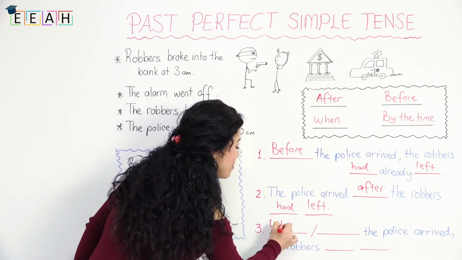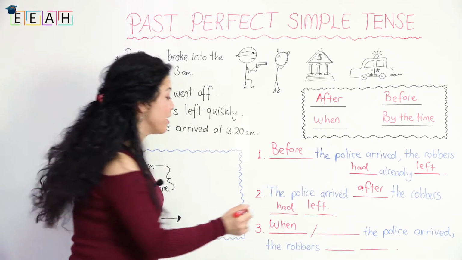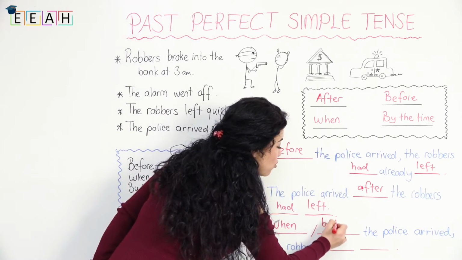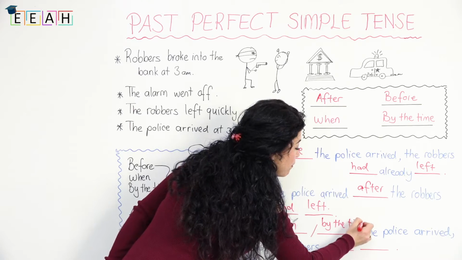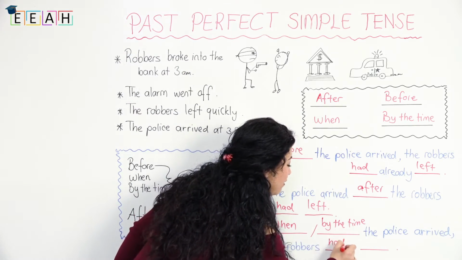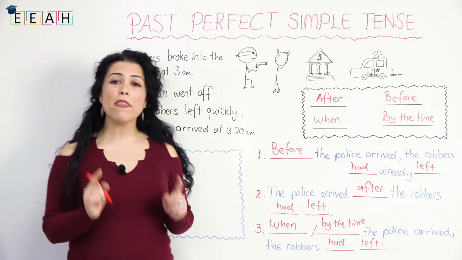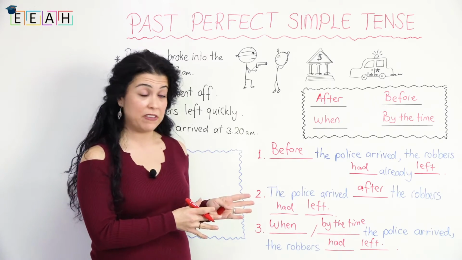So, when the police arrived, or you can as well say by the time. The meaning doesn't change. By the time the police arrived, the robbers had already left.